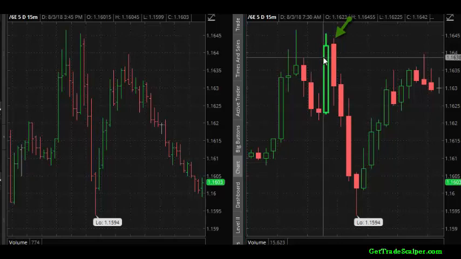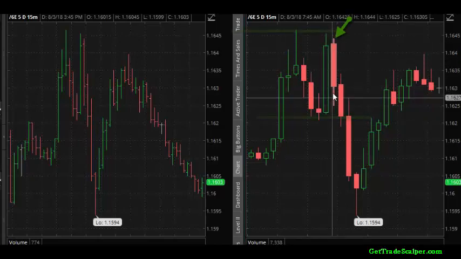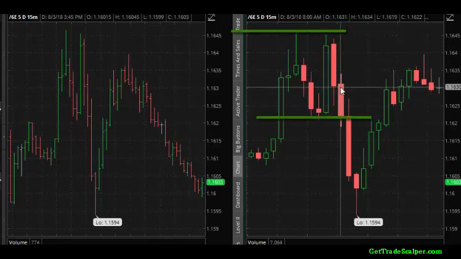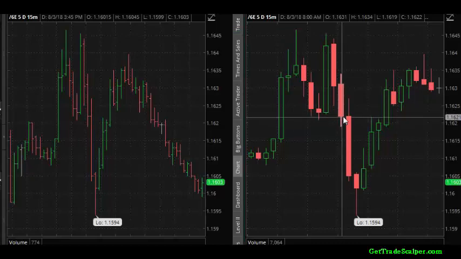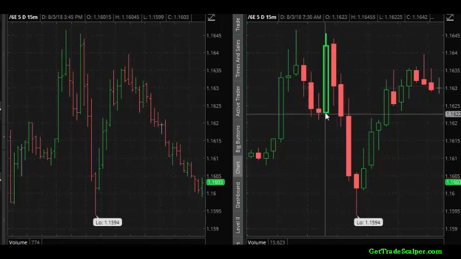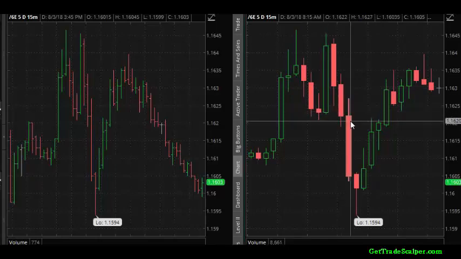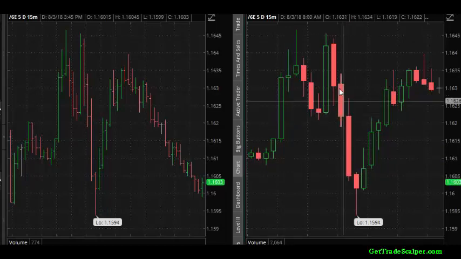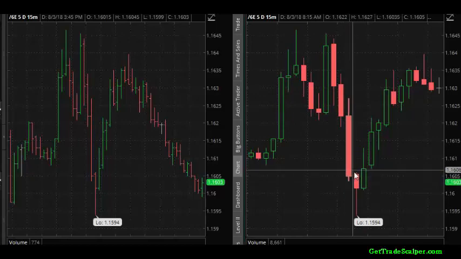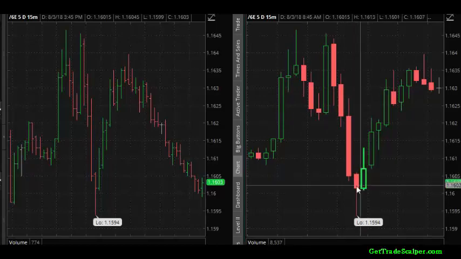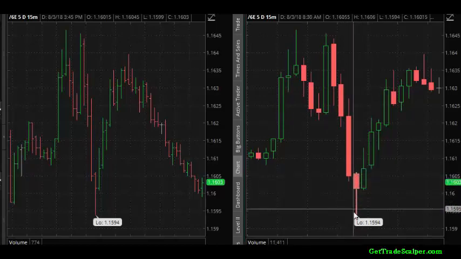You can see here where you had that inside bar we talked about, and then another lower closing price with respect to this one and this one, and then another lower closing price here with respect to this one and this one, and then finally a lower closing low.